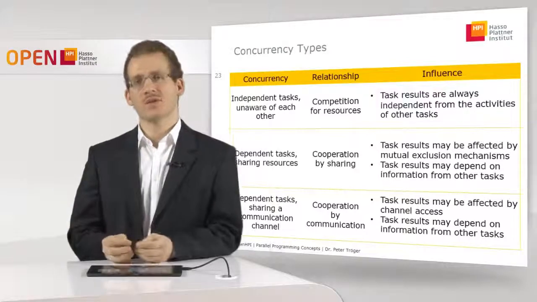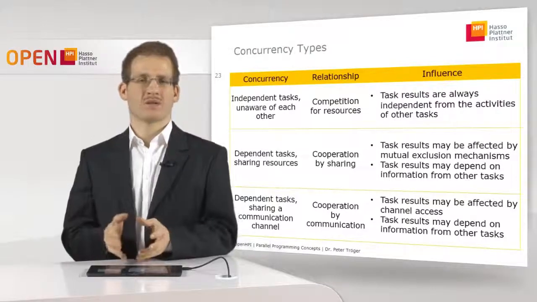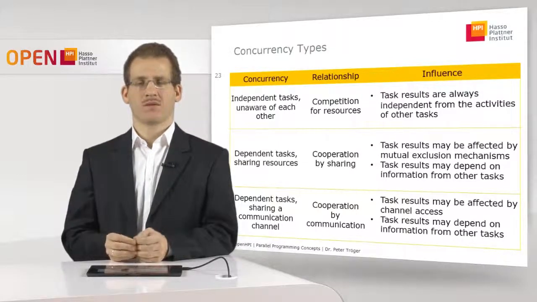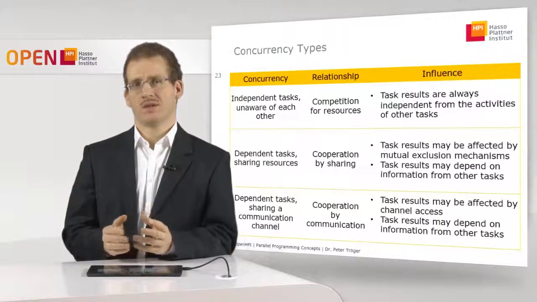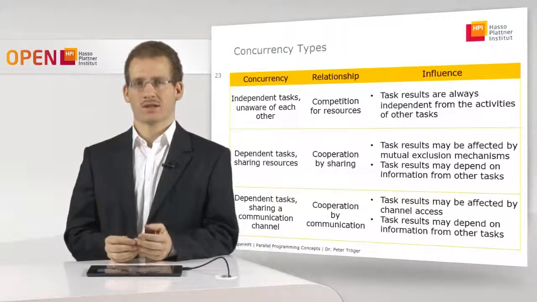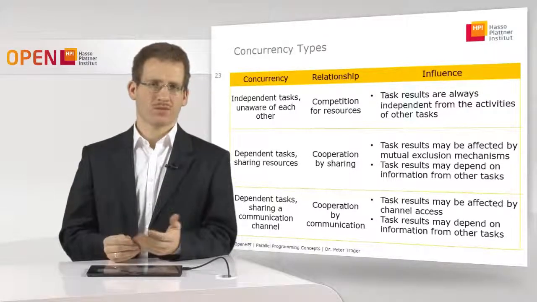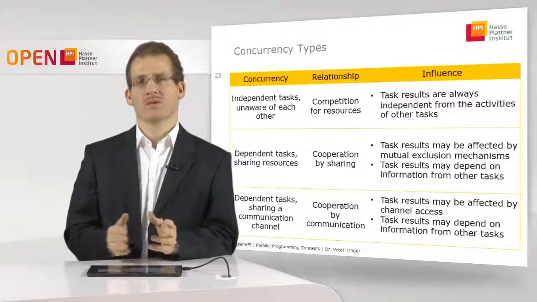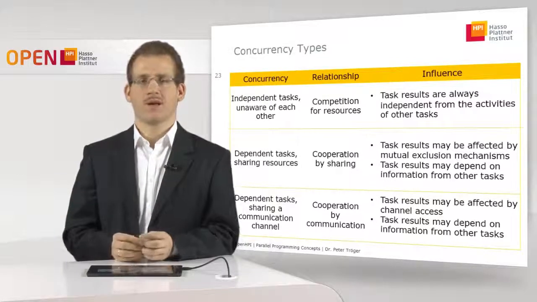If they do not share resources, we don't have the described problems here in first term, because there is no fight or interleaving issue regarding shared state. So the task results from these different concurrent activities are completely independent of what happens elsewhere in the system.